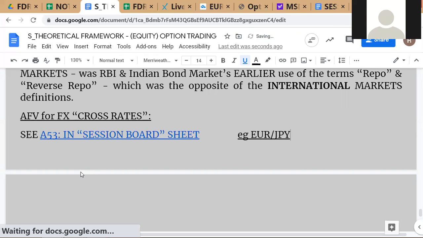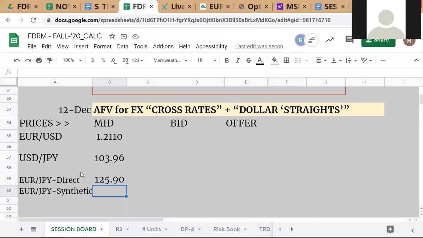Okay, in euro-yen, so euro-yen is equal to 125.90.